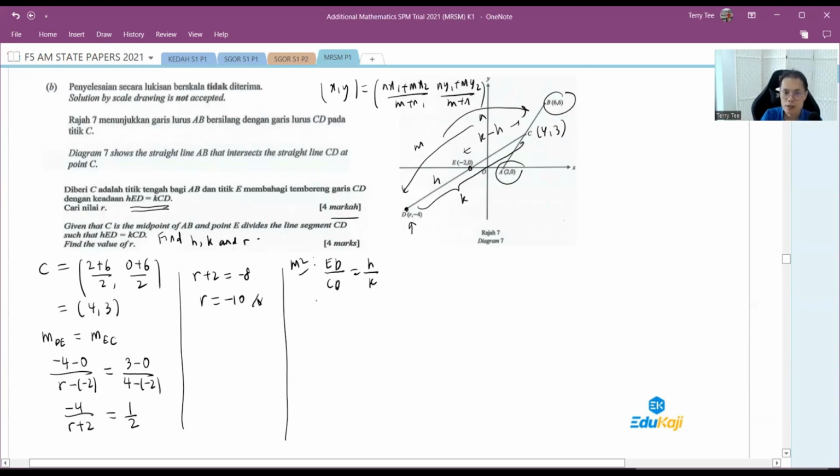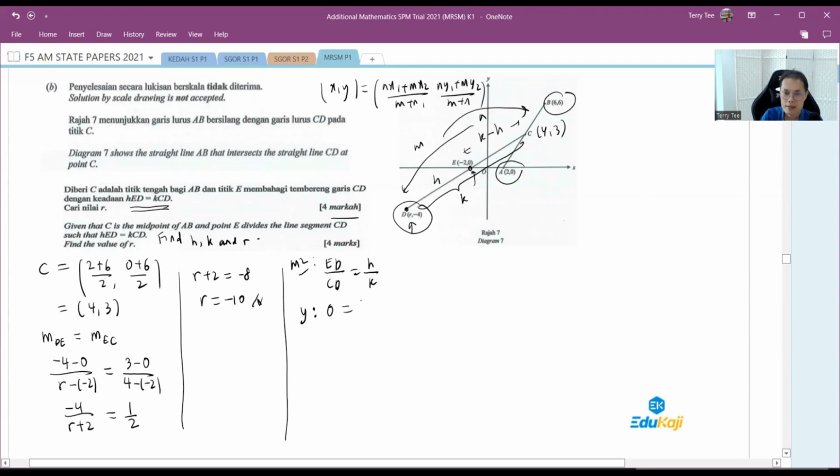So here, let me start off with the Y coordinate. I don't do X coordinate first simply because I do not know what R is. You can do X first, then leave it out, then do Y, but I just do Y first. The Y coordinate of the point in between is 0.